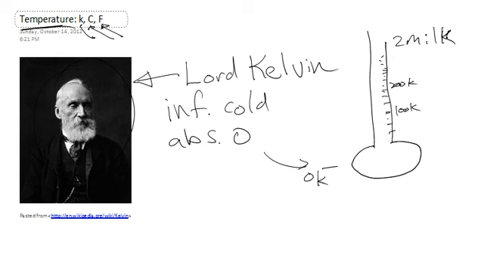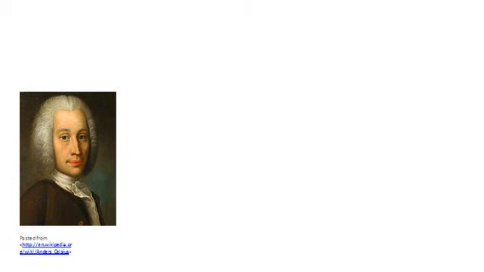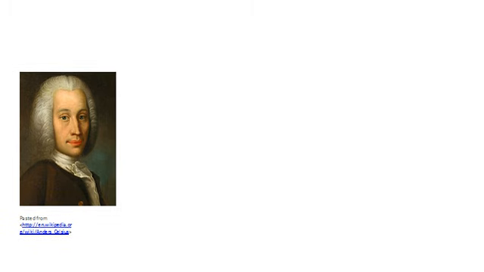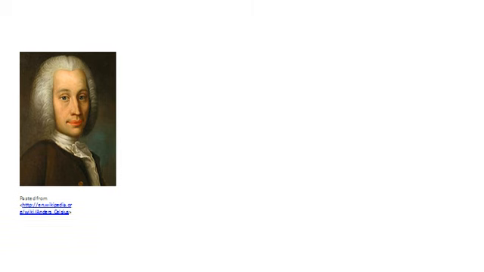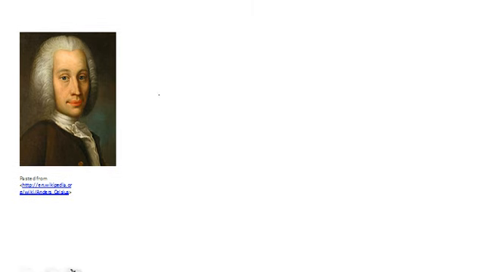But before that, there was a little bit sillier of a guy, and this silly guy is Anders Celsius. Anders Celsius didn't know about absolute zero, but what he did know about was water. So he said, let's have zero be the freezing point of H2O, of water.